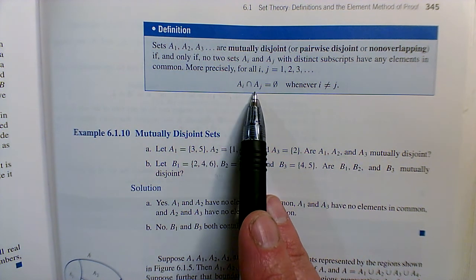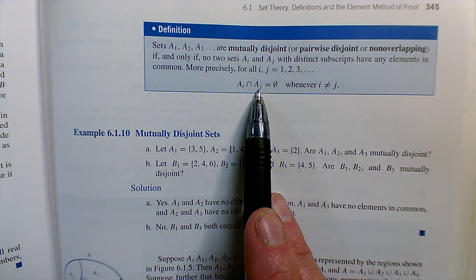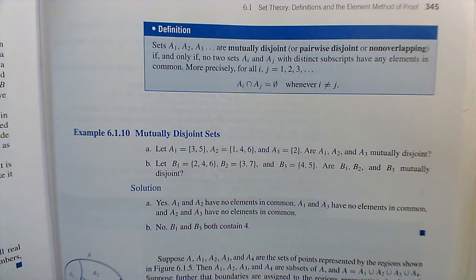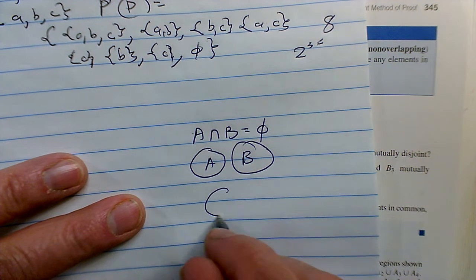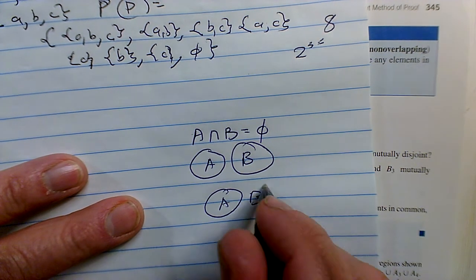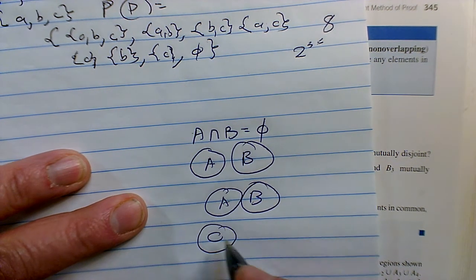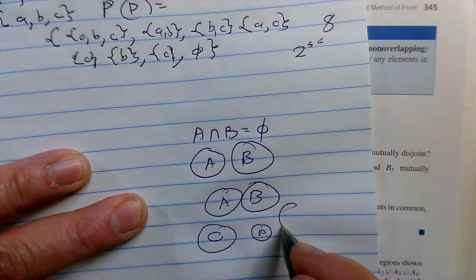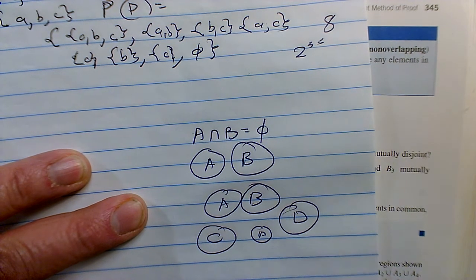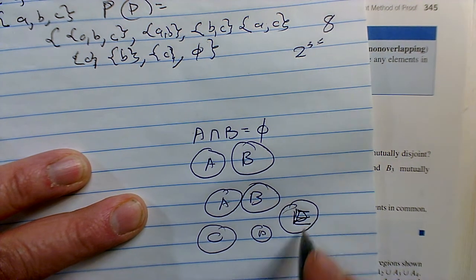If you take any two of the sets, and when you do their intersection, you get the null set, that would mean that these sets are disjoint if you never have anything overlapping with them.